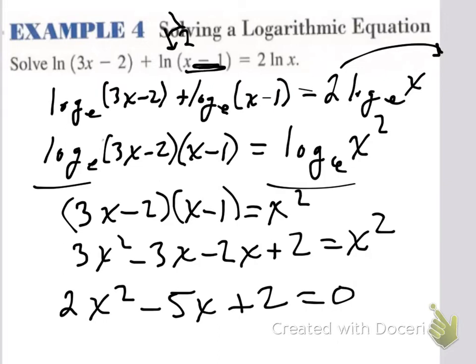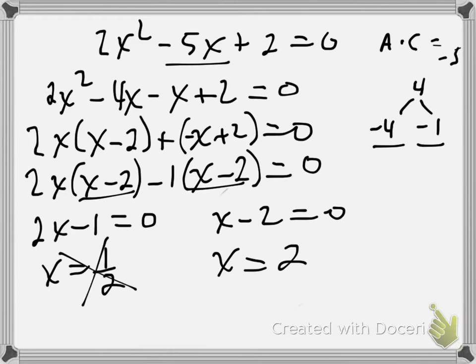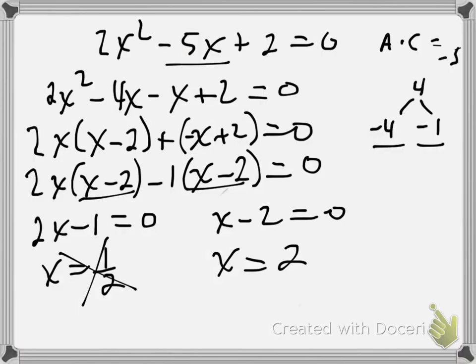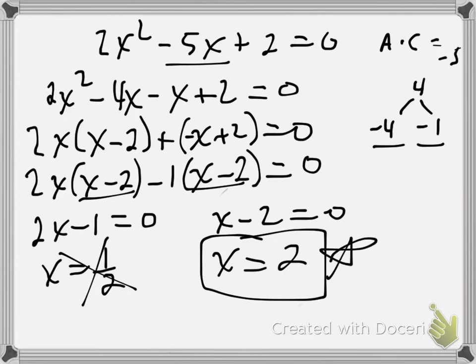You can't take the natural log of a negative. So x equaling 1/2 is going to be the extraneous solution. If I plug in 2, 2 will work. I'll get positive here, and that'll be positive. So x equaling 2 will be my solution.